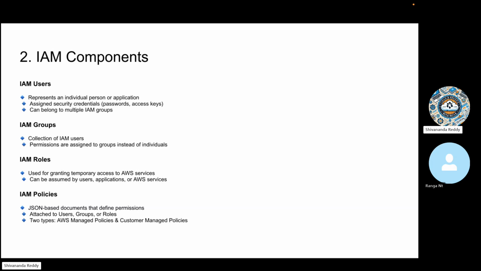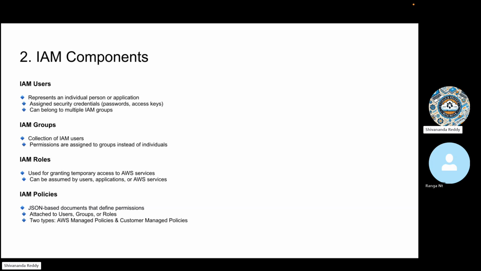Then I can create an inline policy for Suresh. And remember, the policy which I created for Suresh cannot be transferred to anybody. Customer managed policy can be transferred: the same policy I can attach to a group, and to a role also.